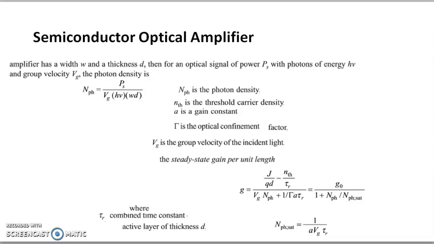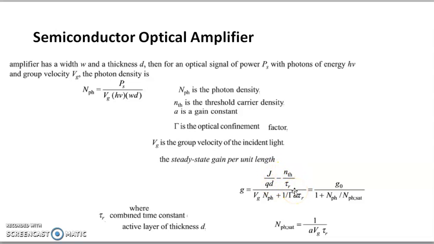For this particular photon density we can find out the gain. This is the overall, or steady state, gain per unit length: G is equal to Γ times J by qd minus N_th by τ_R, by 1 plus Vg N_ph, where Γ is the optical confinement factor.